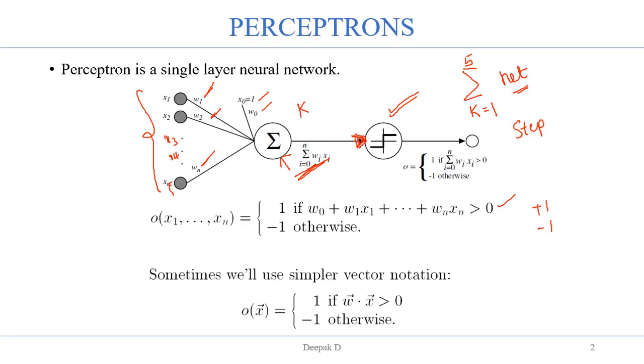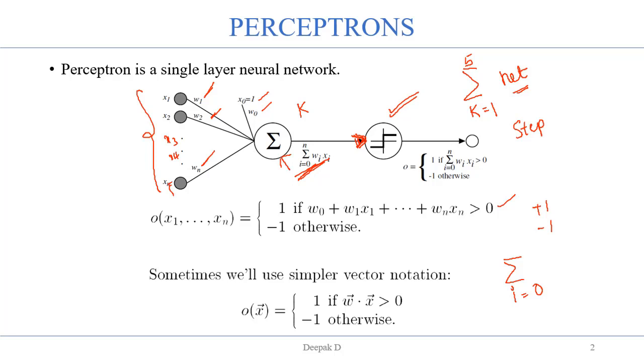In a simple notation, imagine an additional constant; I have already said that x0 and w0 are used. We always keep x0 as a constant. So that entire term can also be written as summation i equals 0, because we have used the bias value also, that is w0 and x0.